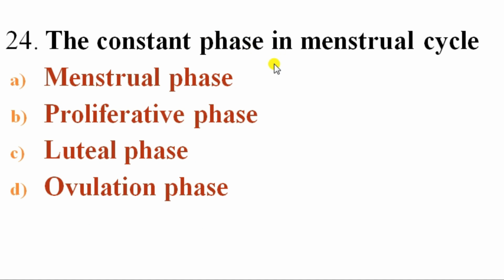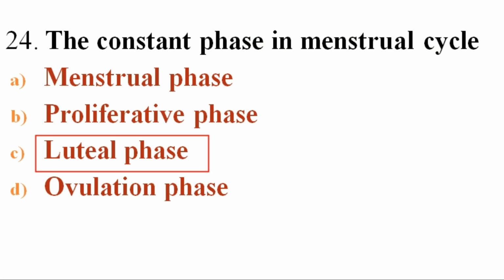Next question. The constant phase in menstrual cycle. Options A. Menstrual phase, B. Proliferative phase, C. Luteal phase, D. Ovulation phase. Answer is C. Luteal phase. The constant phase in menstrual cycle is luteal phase.